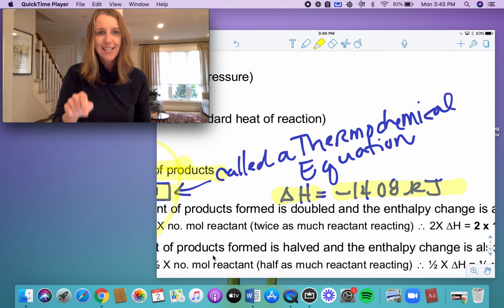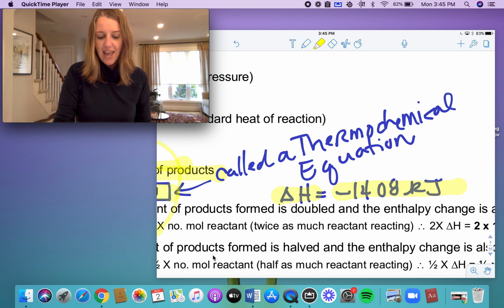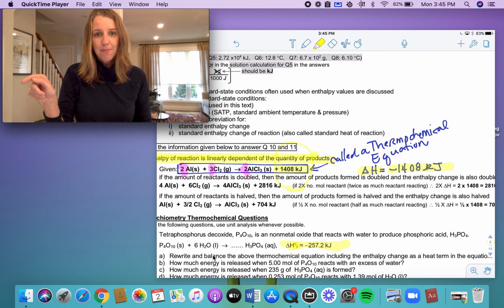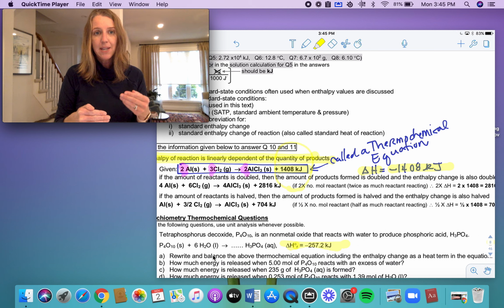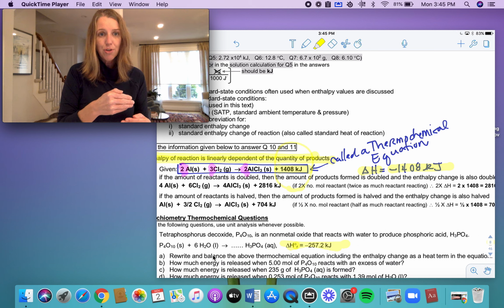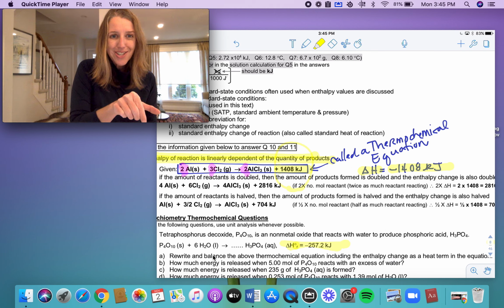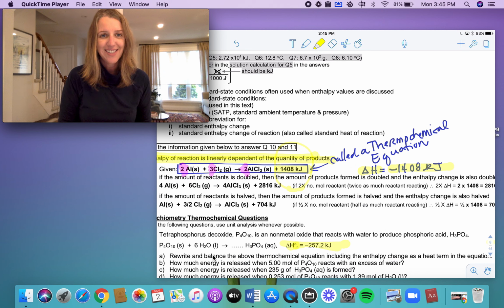The negative means it's exothermic, and when you write it in the equation as a thermochemical equation, the negative just means put that energy on the product side. Okay? If it was a positive enthalpy, it would mean that this is an endothermic reaction, and you would put that amount of energy written right into the equation, but you would just express it on the reactant side.